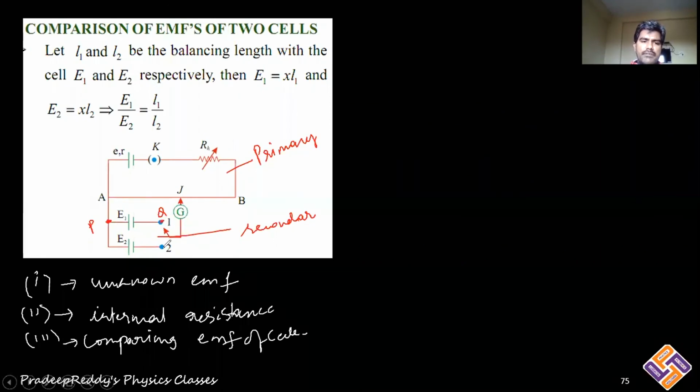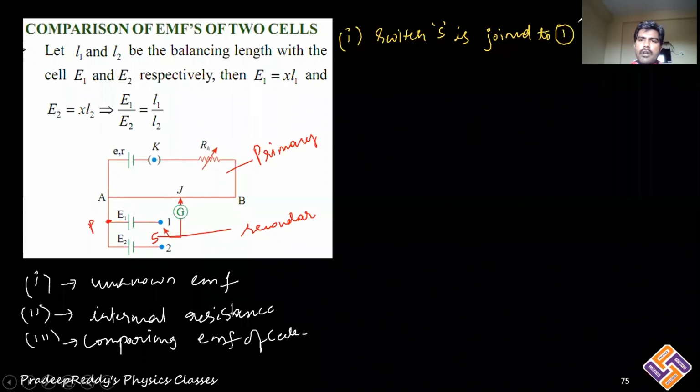Next you can connect this switch to 2. Right? Let me name this as 1 itself. So this switch can be connected to 1 initially and then it can be connected to 2. What we are doing initially, we are connecting the switch is joined to 1.